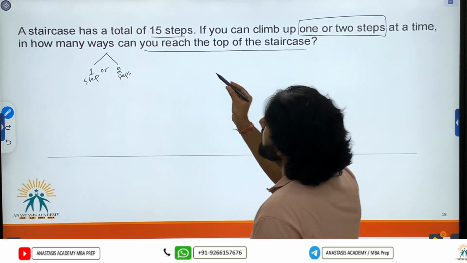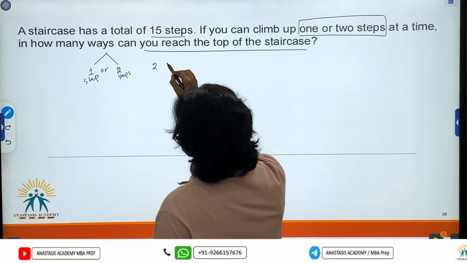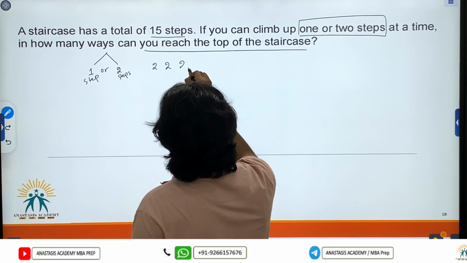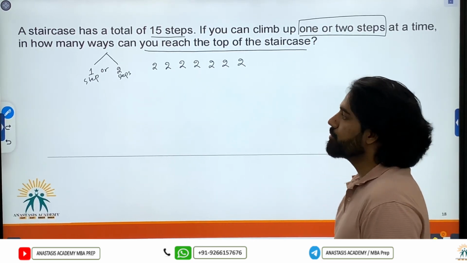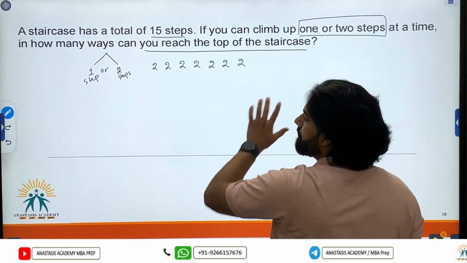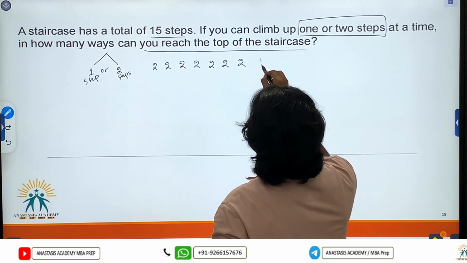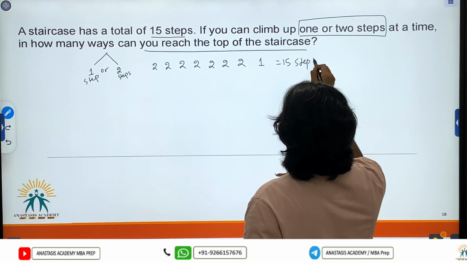So what are the possibilities? I can use 2 steps 7 times to reach 14 units, plus 1 step to get 15 steps, right?